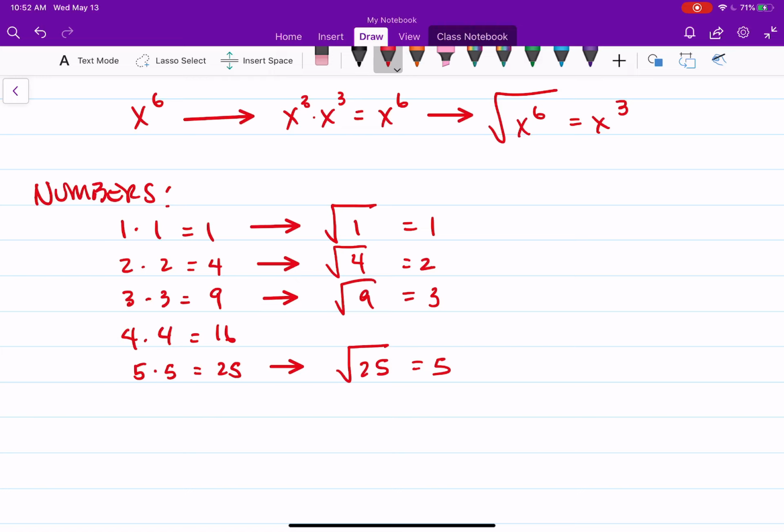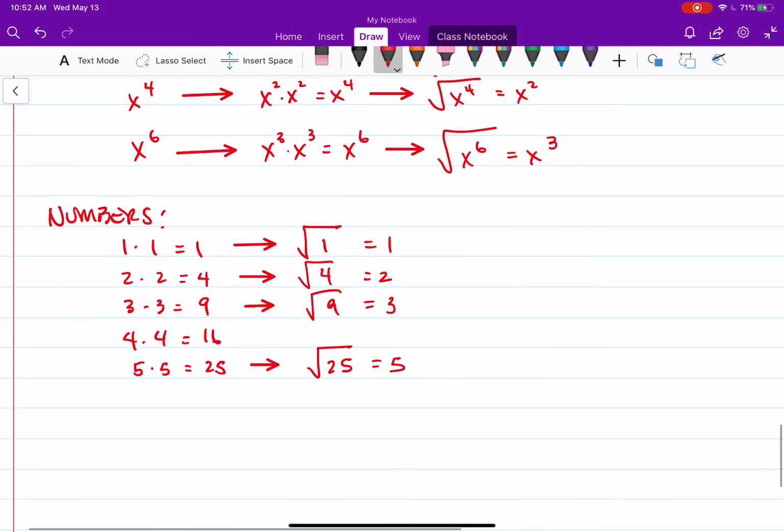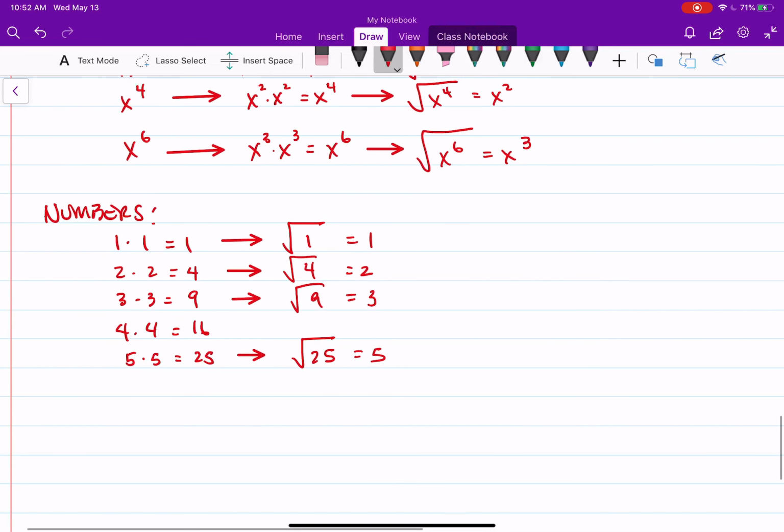For example, if I was to continue with this list, it'll go 36, 7 is 49, 8 is 64, 9 is 81, then 100, then 121, then 144, 169, 196, and 225.